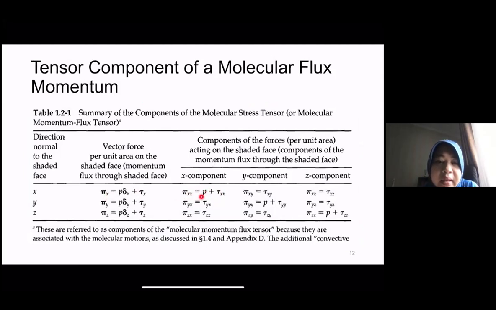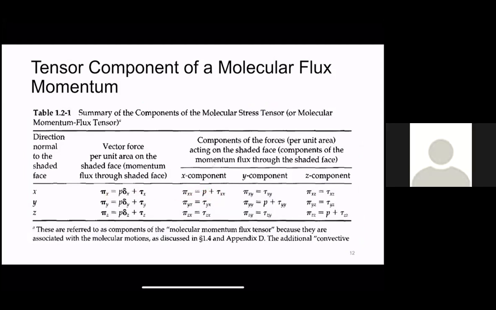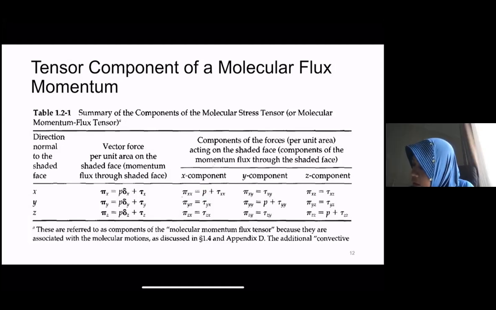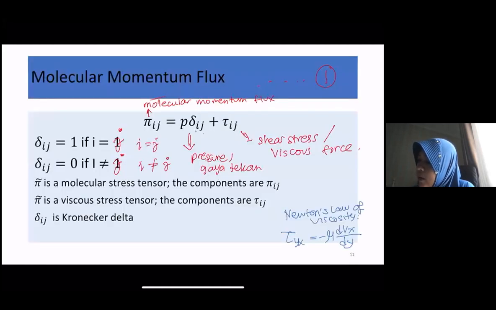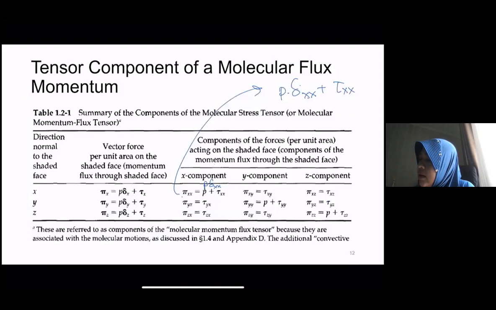Actually, this tells you that if phi xx is equal to p multiplied by Kronecker delta xx plus tau xx, right? Because the Kronecker delta is 1 when i equals j, this value becomes 1.